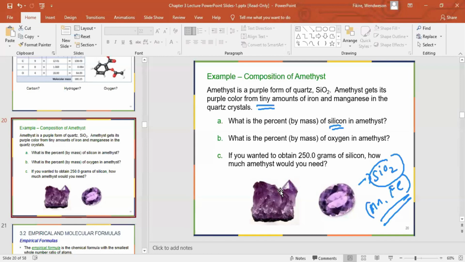What's the percent by mass of oxygen in amethyst? And the last one, if you wanted to obtain 250.0 grams of silicon, how much amethyst would you need? So this is something that I want everybody to think about. Maybe I can give you a couple of minutes, 3 to 5 minutes, and then we can discuss, okay?